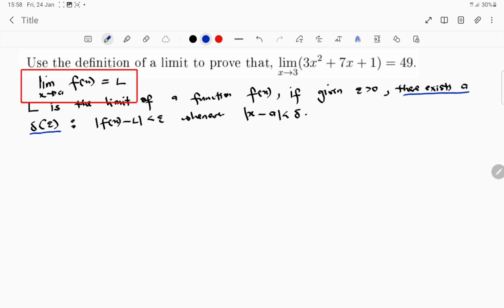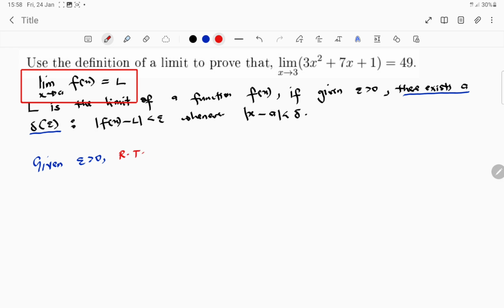I'm going to rewrite the definition including this function so that we see what we want to do. So we say, given epsilon greater than 0, there exists, this one is the required to prove part.